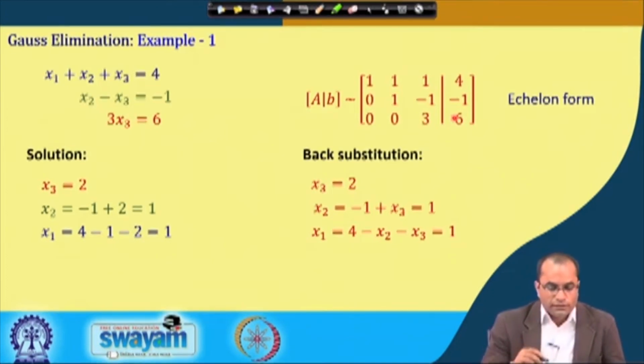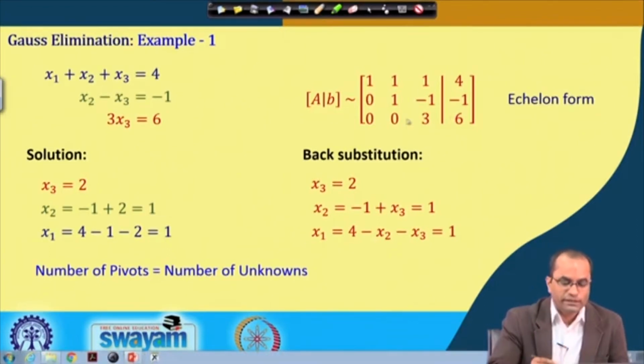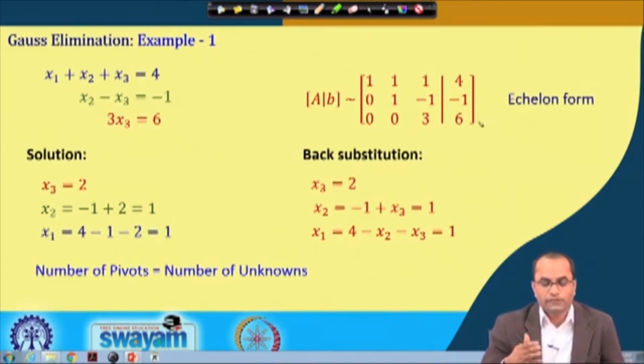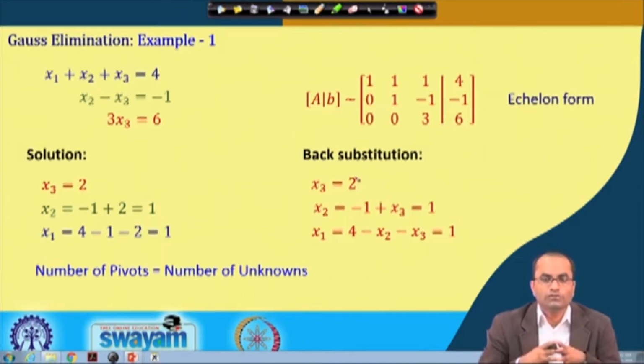There are few more points to be noted here, and we will explore them in the next lecture again. So, what we have observed is that we have got a unique solution. We have got a solution of the system as 1, 1, 2, and indeed this is the unique solution of the system.